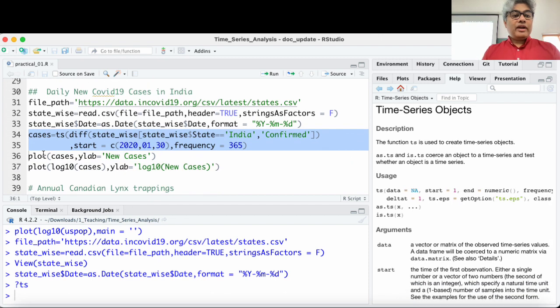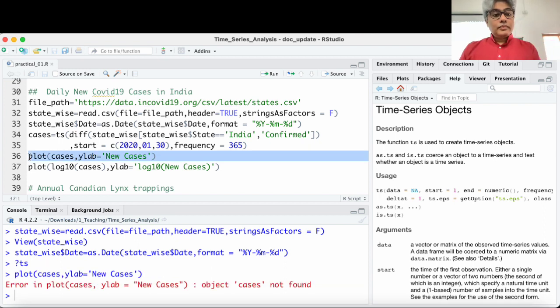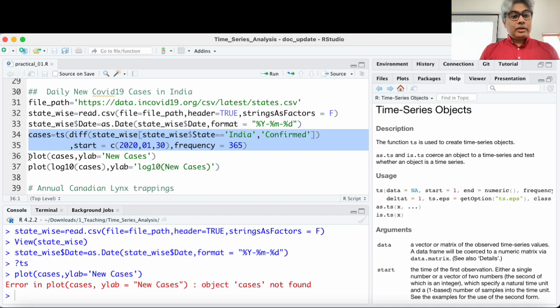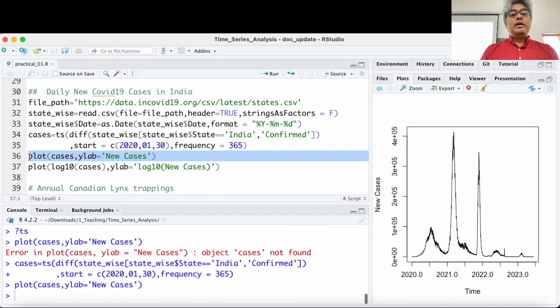Now if I run this, okay, I did not run this piece of code, let me just run that. So what we are seeing here, as we discussed last time, is the first wave, then the second wave, the really nasty one, then the third wave, very short-lived, the fourth, and there is a fifth bump. Many of us were not even aware that there was a fifth wave.